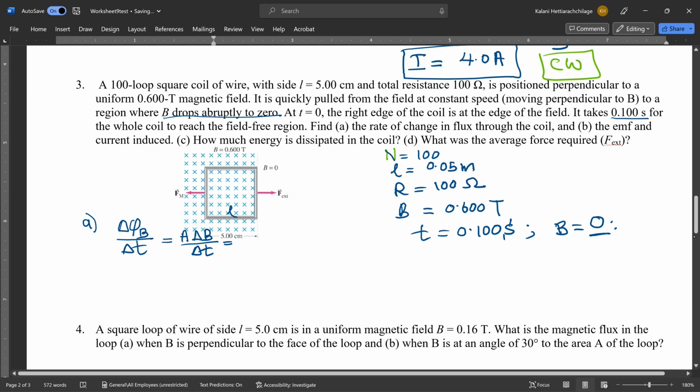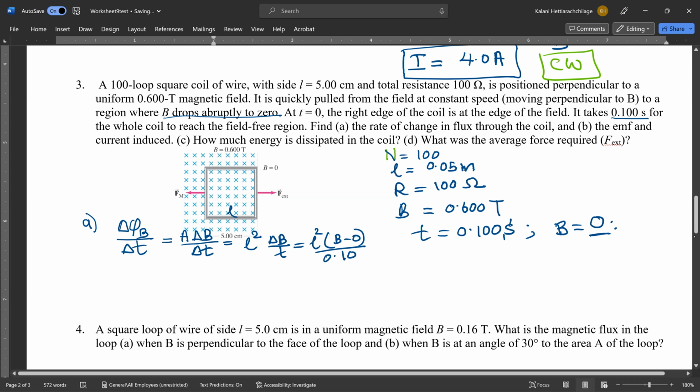So now you know that you can write this as A, cross-sectional area, which I'm going to write as L to the power 2, and then you have delta B over time. Delta B over time is L squared times B final, which is 0, minus B, divided by time, 0.1 second.